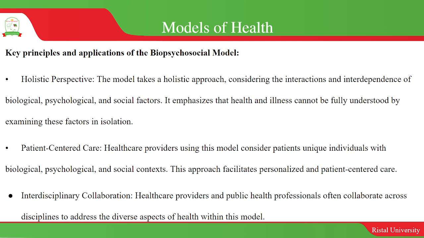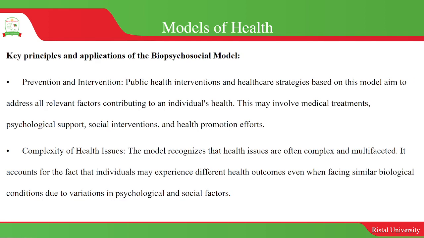And then we move to what you call interdisciplinary collaboration, which basically emphasizes that people need to work together for better health outcomes of an individual. Prevention and intervention are also very important. It means that the emphasis is placed on prevention. This is very key, looking at the social, psychological, and even biological factors that can bring about disease.